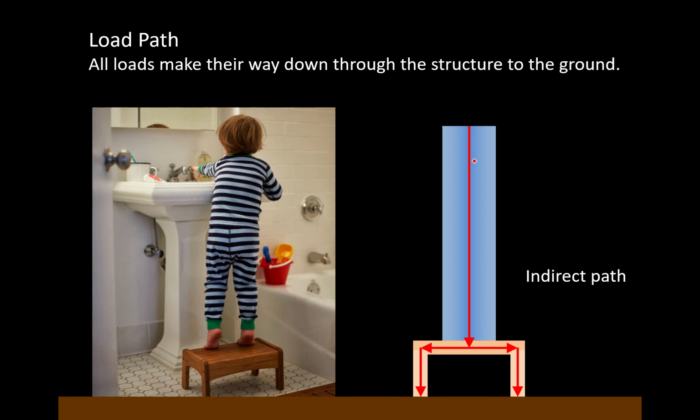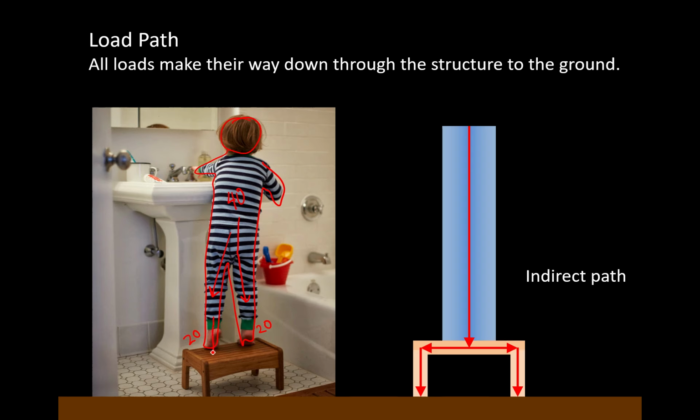So when you look at this photo, here's a little kid standing, and let's say he weighs 40 pounds. His 40 pounds is coming down and splitting evenly between his 2 feet. And let's say each foot is getting an equal share of 20 pounds.